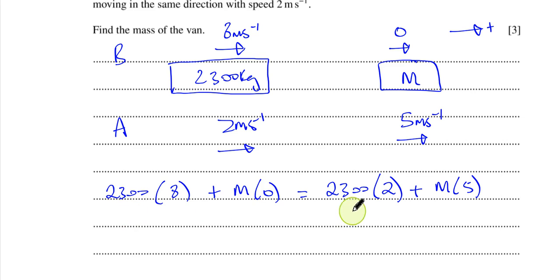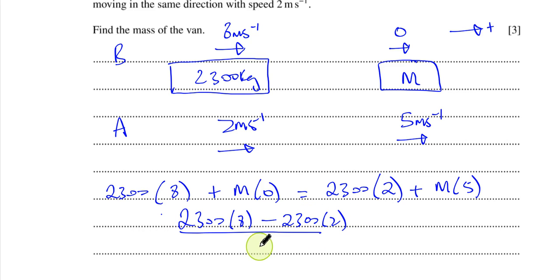Now this term becomes 0, obviously, so we end up with 5m. Basically, m equals 2,300 times 8 minus 2,300 times 2, all divided by 5, and that will be what we're trying to find.